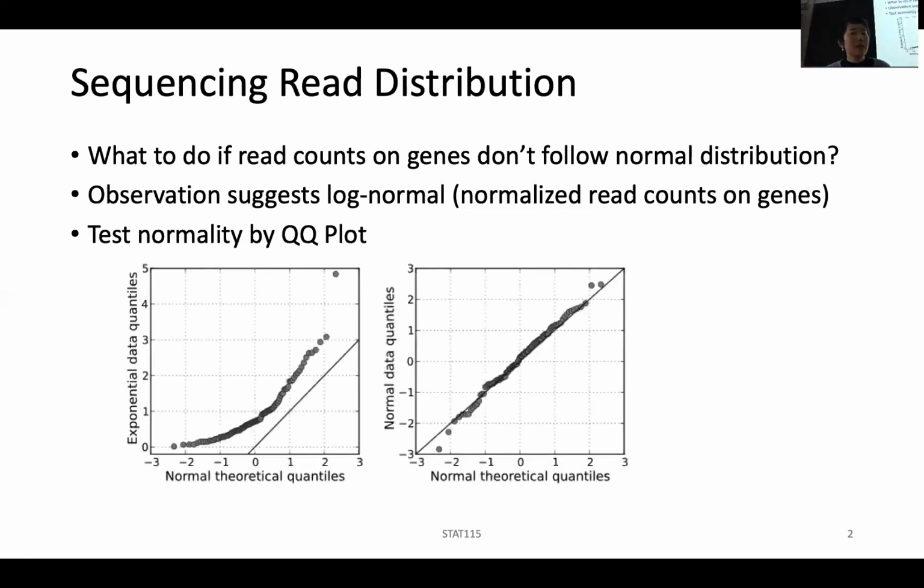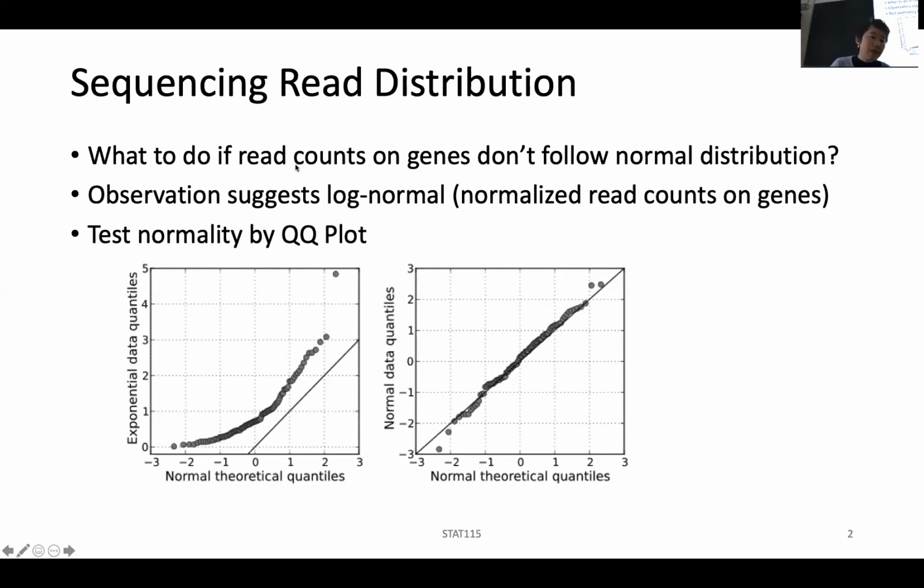For that, you can test normality by QQ plot. There's a standard R function. Basically, you know that for a regular normal distribution, how much data needs to be in a certain quantile, roughly what range.